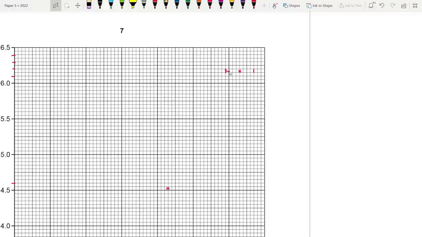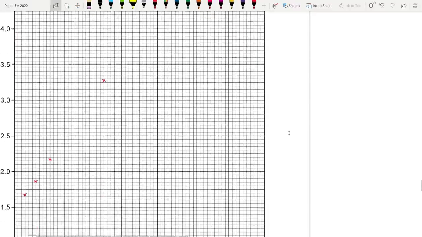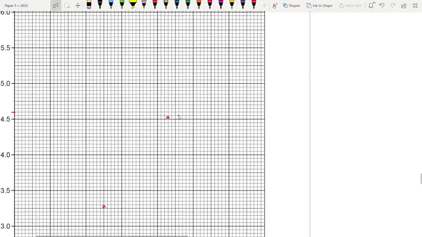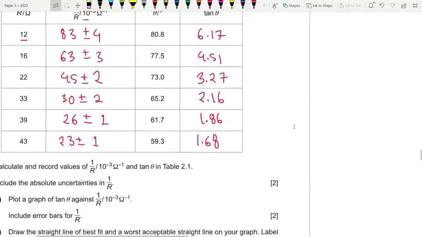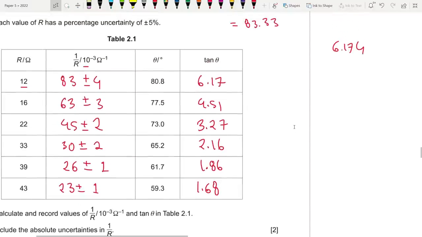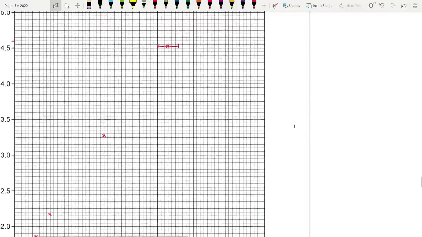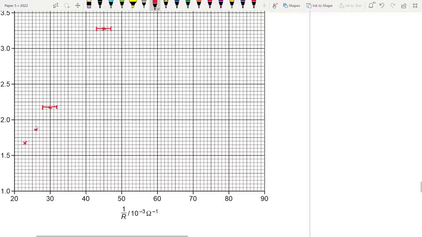So you just have to join these points like this. Then 63 plus 3 is 66, and 60, like this. Next, 2 and 2, then 1 and 1, from 27 to 28.